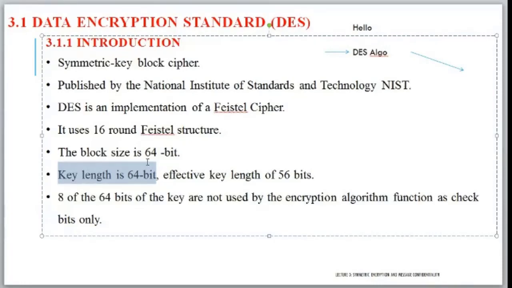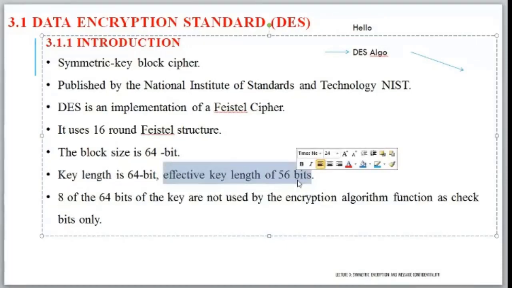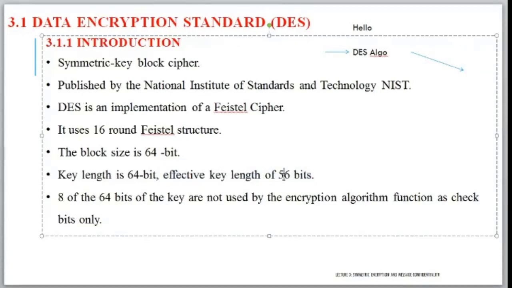In the 64-bit key, 56 bits are the effective key length. The remaining 8 bits we are going to discuss later, in the coming slides. Only 56 bits are used for the encryption algorithm as the effective key.